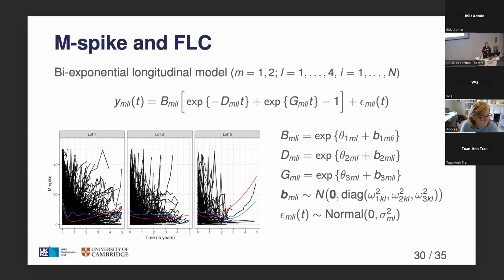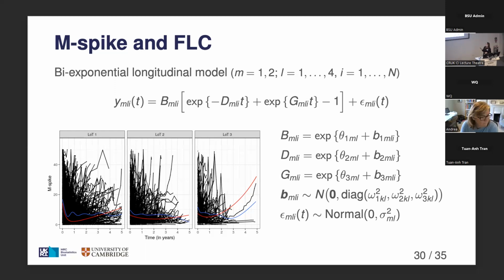The increase is a sign that the disease is progressing again, and a new line of therapy needs to be started. In order to reflect this data, Danilo's used a bi-exponential longitudinal model. In this model, we have a baseline parameter B. D is a decay parameter, reflecting that initial decline at early times. And G is a growth parameter reflecting the increase in the biomarkers at later times as the disease is progressing.